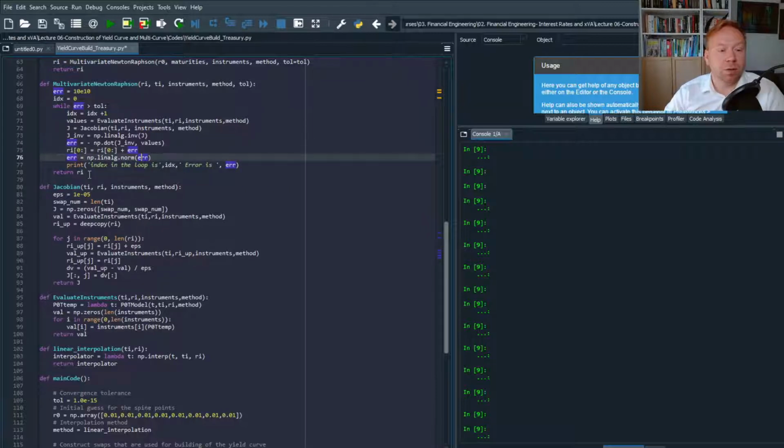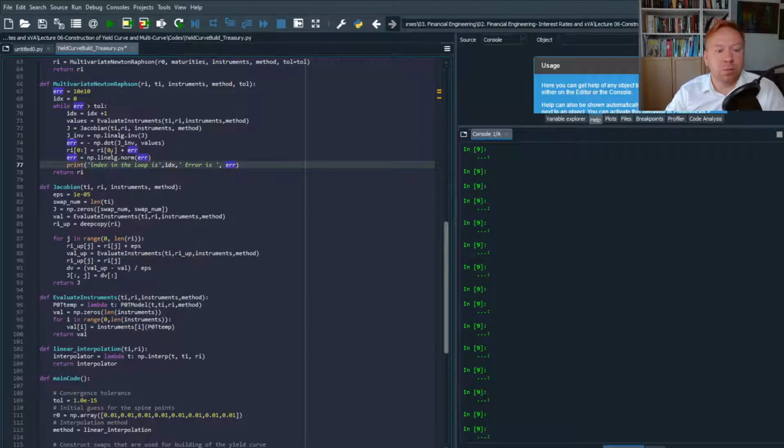Maybe it's a little bit inconvenient that we are using the same notation for this error here and this error here. This error here is the difference between two consecutive vectors of our spine points, from the previous step and the new step. And here the error is defined just as the norm of the difference between two sets of the spine points. And this is what we'll be printing here.